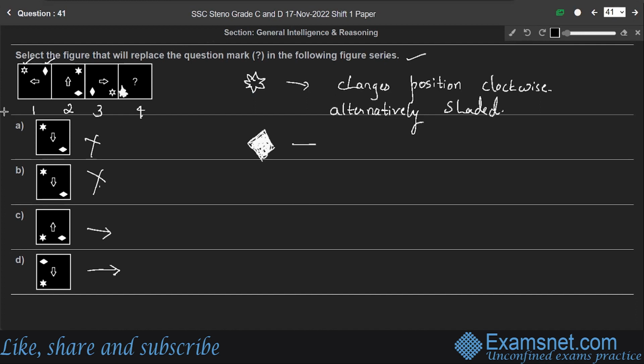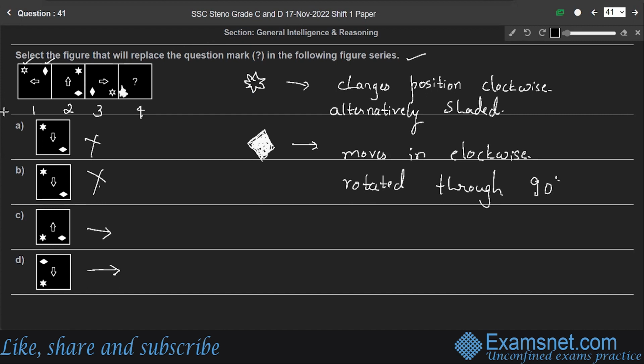In each figure, it is rotated through 90 degrees.